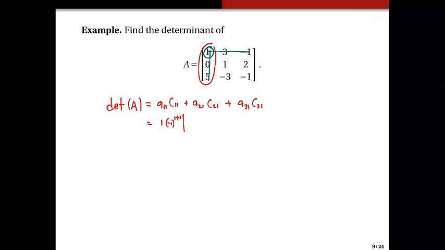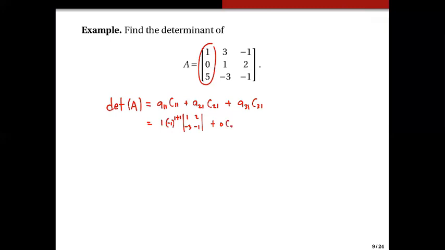So we will be left with 1, 2, negative 3, negative 1. So the determinant of 1, 2, negative 3, negative 1 plus A21, it's 0 here. So 0.